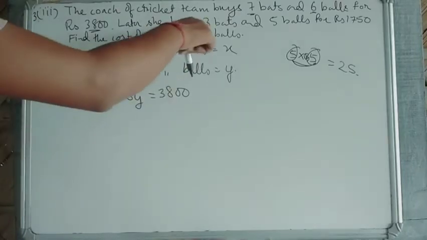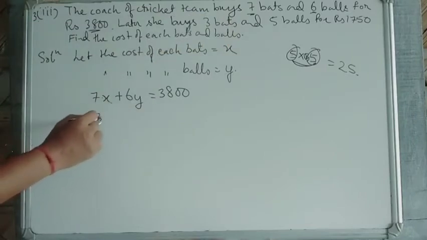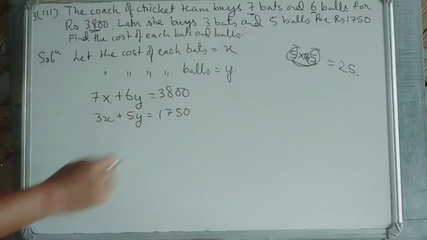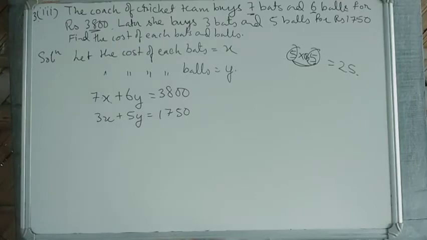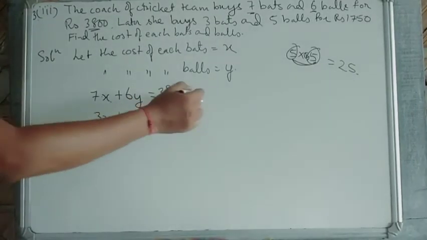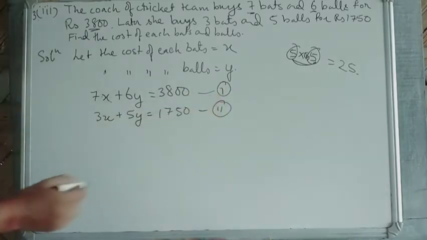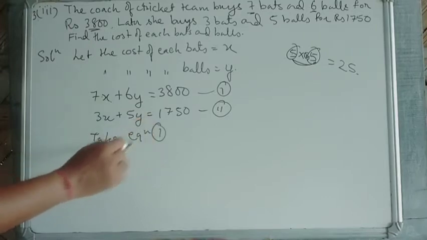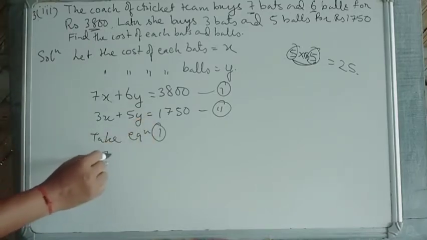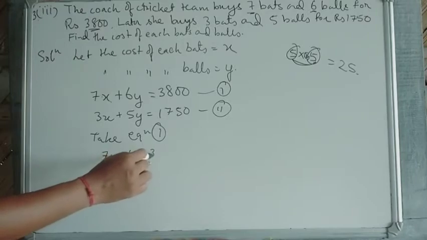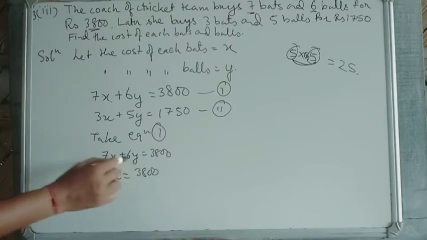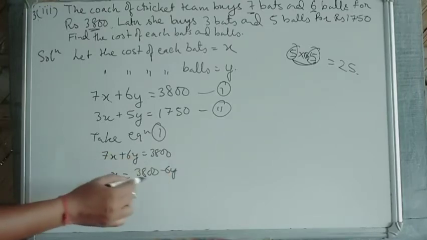Same way, now on this side, 3 bats and 5 balls. So 3x and 5y is equal to 1750. So this is your equation number 1, this is your equation number 2. Now take equation 1. 7x plus 6y equals 3800, which gives me x equals 3800 minus 6y, with 6y going to that side and 7 going down.